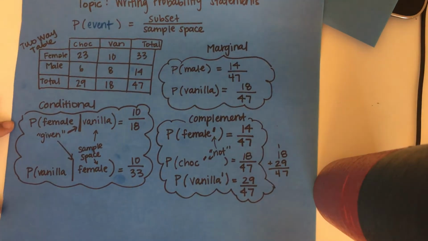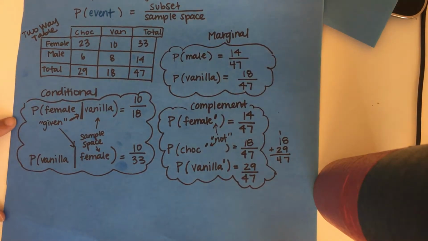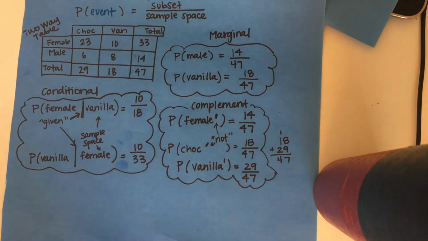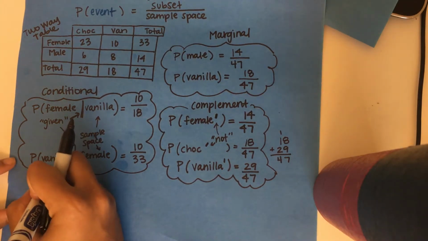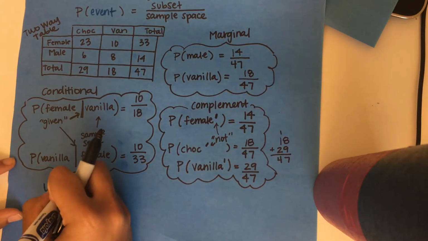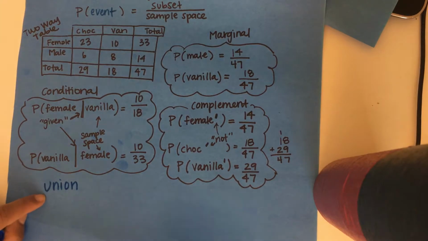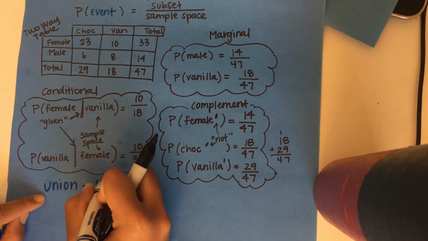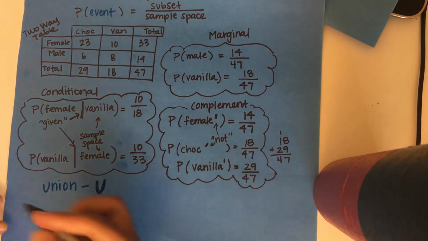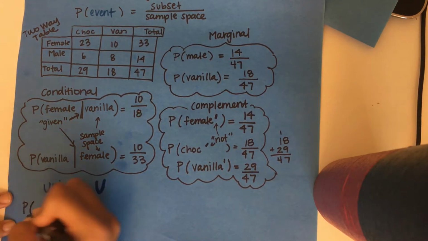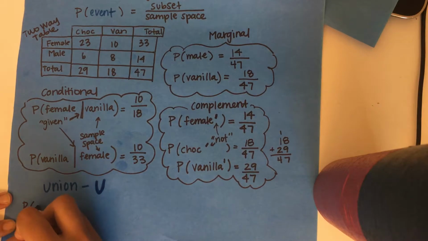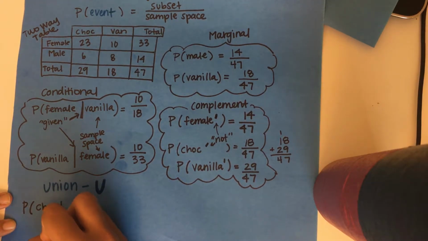Now, another probability statement that we could talk about is a union. And that notation is a U, U for union. We could talk about the probability that someone likes chocolate or is male.